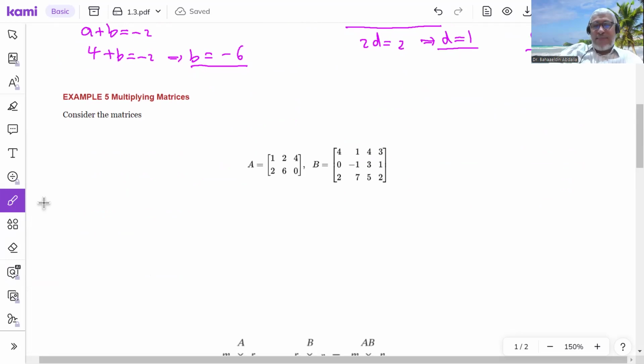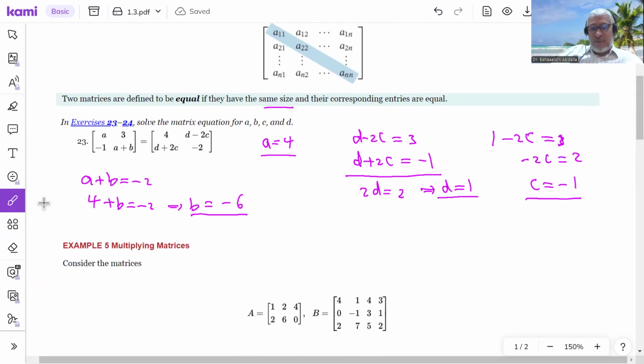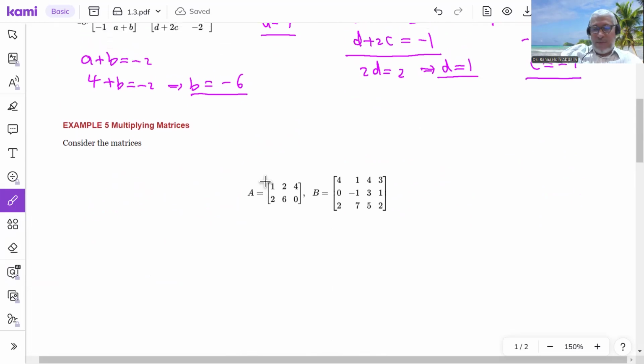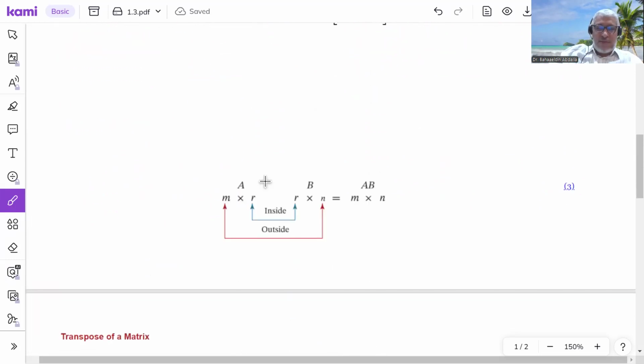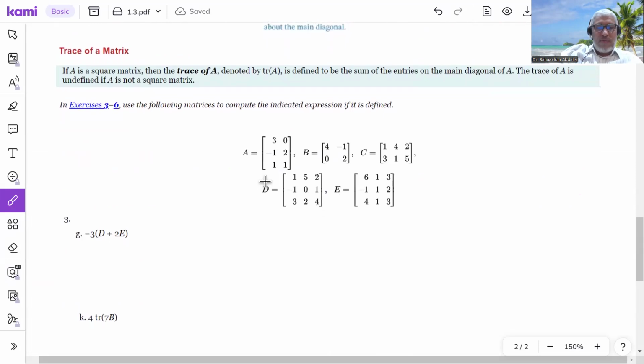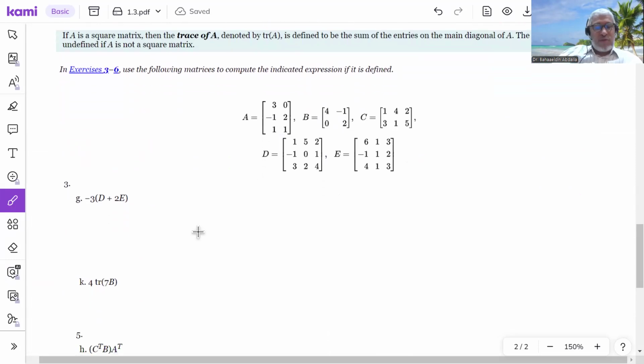We can add two matrices of the same size. We can subtract two matrices of the same size. We can multiply a matrix by a constant, any number. That's usual. For example, let me solve this question here. Use the following matrices to compute the indicated expression, if it is defined. Well, I have D, size of D is 3 by 3.